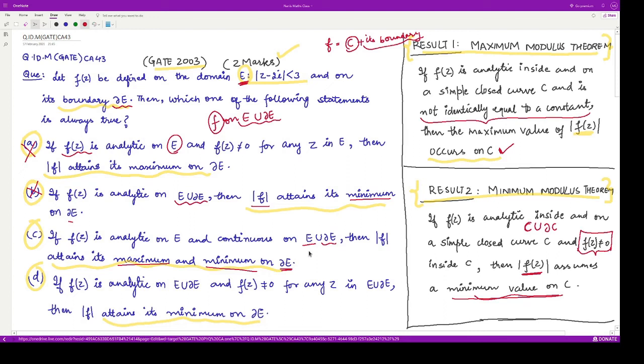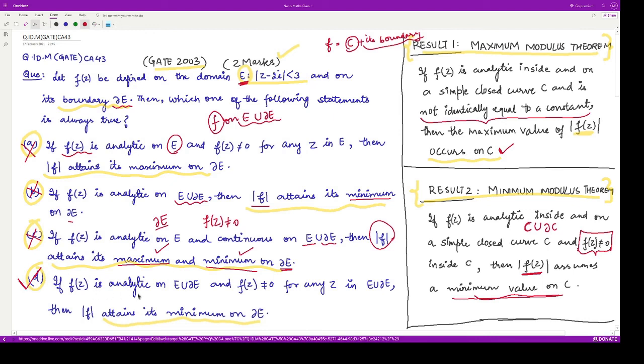Here they have not mentioned analyticity on the boundary del E, and they have not mentioned anything about f(z) being not equal to 0 or being constant. So this option is also incorrect because we cannot make any statement about the maximum or minimum value of the modulus of f. So we are left with only one option, which is correct.